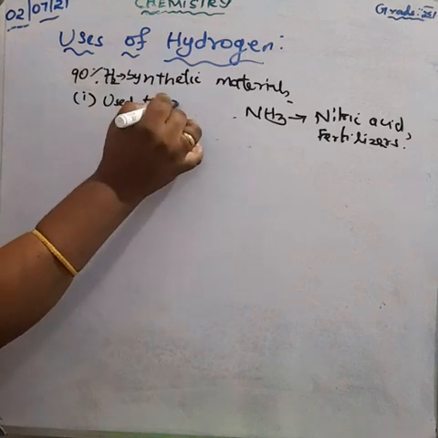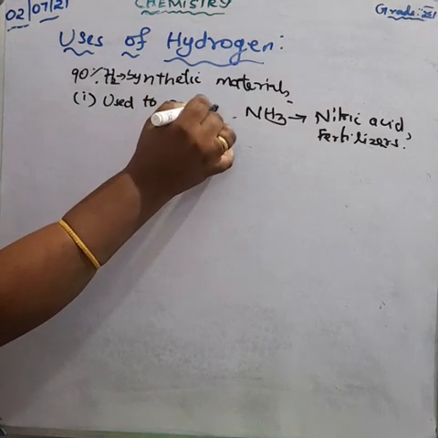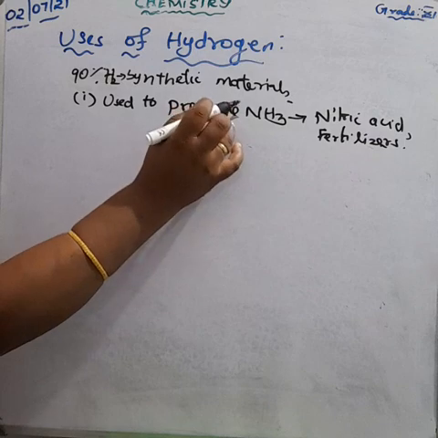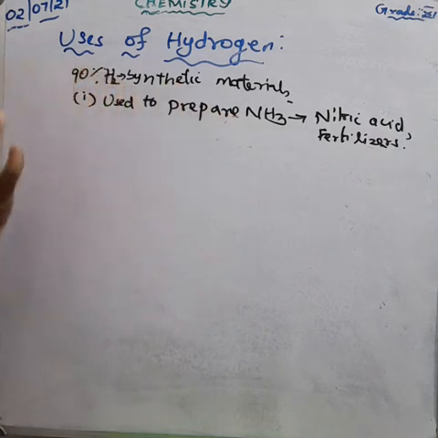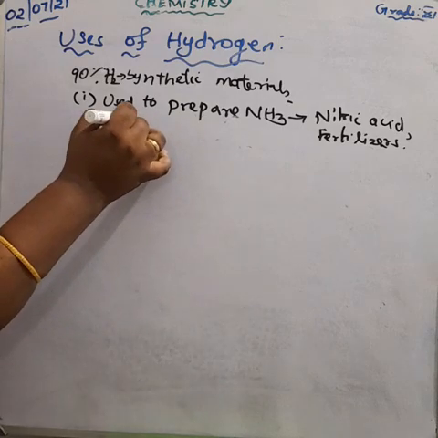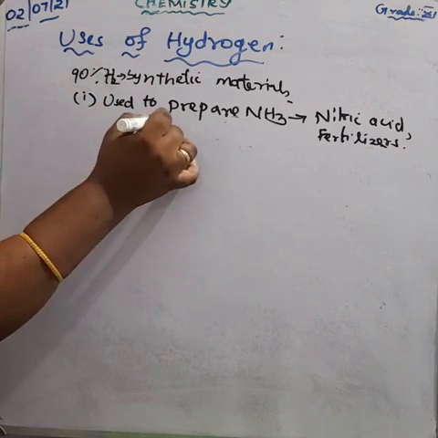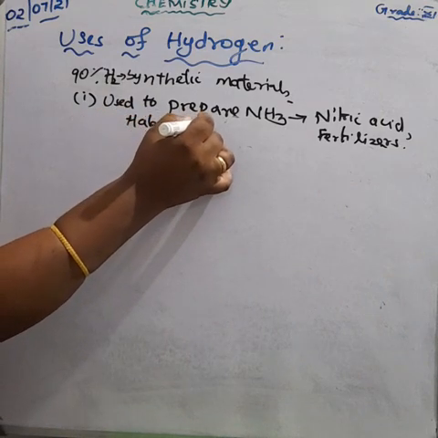So for the synthesis of ammonia, we have to use hydrogen gas. What is the process here? Haber process. Understood? So what is the first point? What is the use of hydrogen?